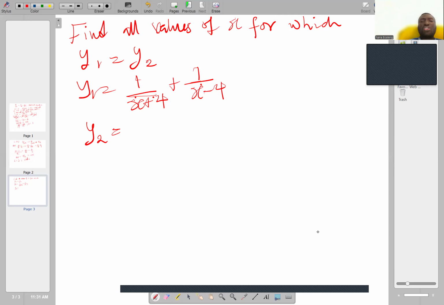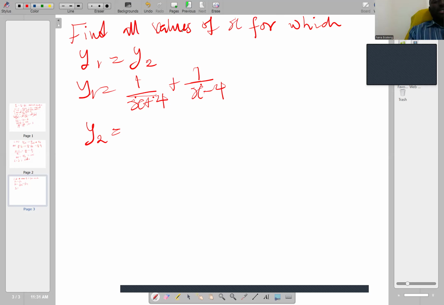Yeah, so at the beginning, before we even begin to solve this problem, because it's a rational expression, we have to test the denominators for values of x for which this rational expression is not defined, or values of x which cannot be included in the solution. So you will see that in the denominator we have x plus 4 and x minus 4.